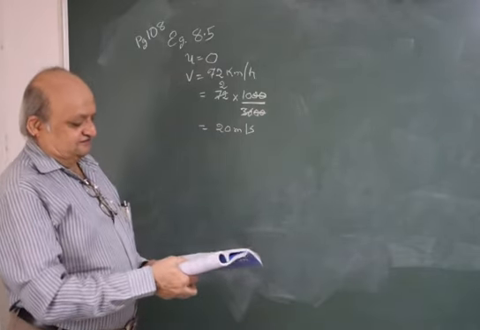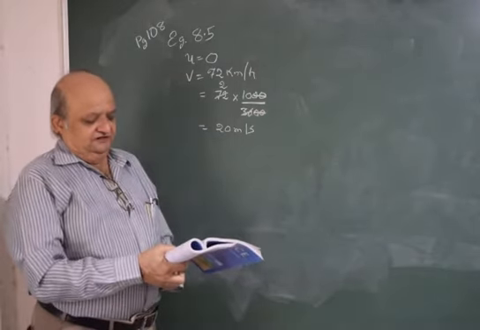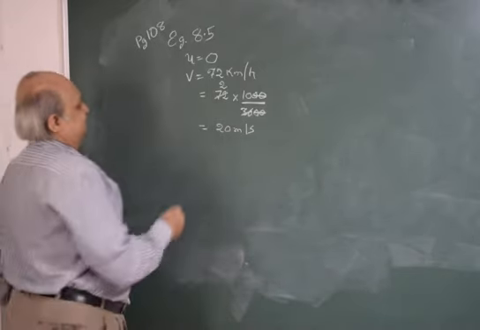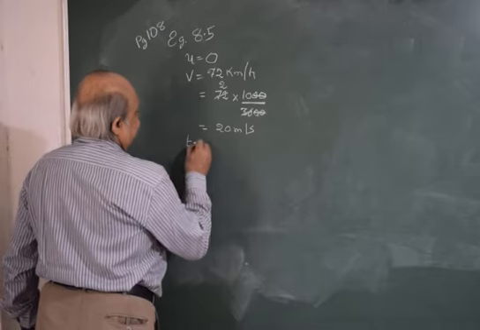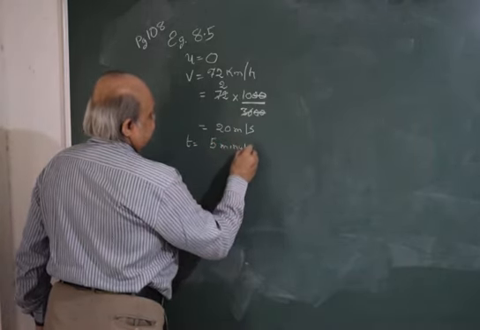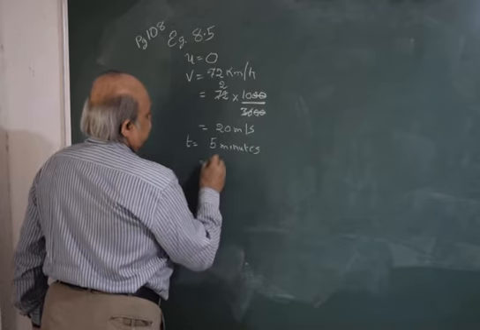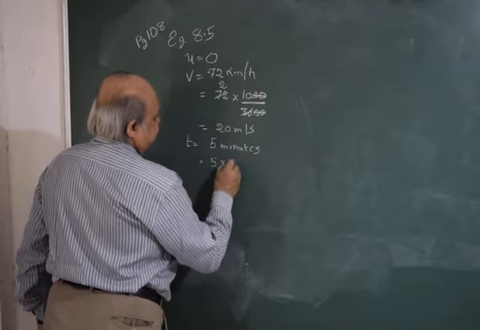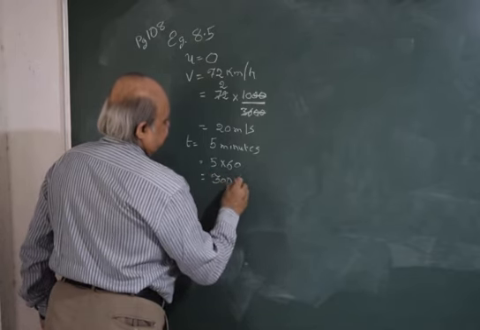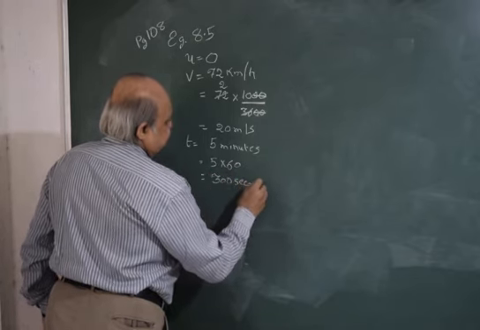Assuming that the acceleration is uniform, find in 5 minutes. We also have time as 5 minutes, which will be 300 seconds.